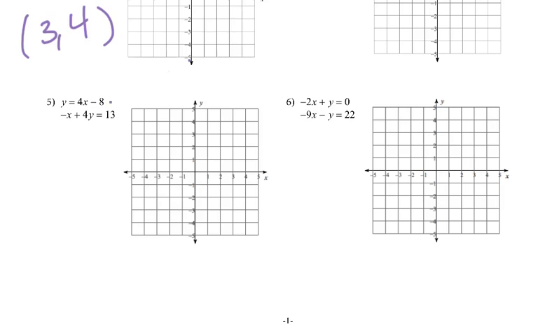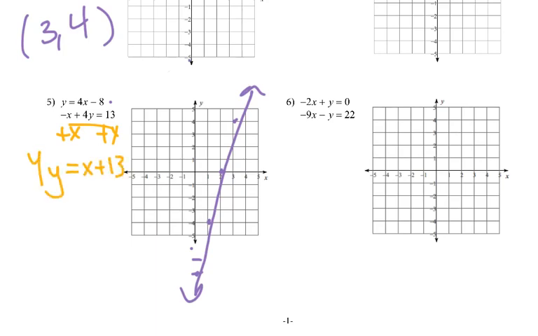we'd go to negative 8, which is 6, 7, 8 down here. Go up 4 to the right 1, up 4 to the right 1. We get our line looking something like that. And for the second, okay, I could turn this into slope-intercept form by adding x. 4y equals x plus 13.